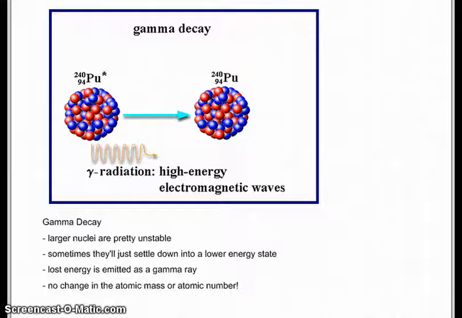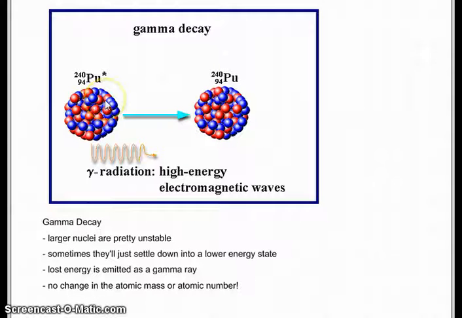The last of the three is in some ways the simplest. Some large nuclei, here we are, we're back with this plutonium-240, very large nucleus, are very unstable and kind of jostling around. You can imagine this collection of protons and neutrons just oscillating back and forth, vibrating, crashing into one another somewhat, moving around inside here, quite unstable.